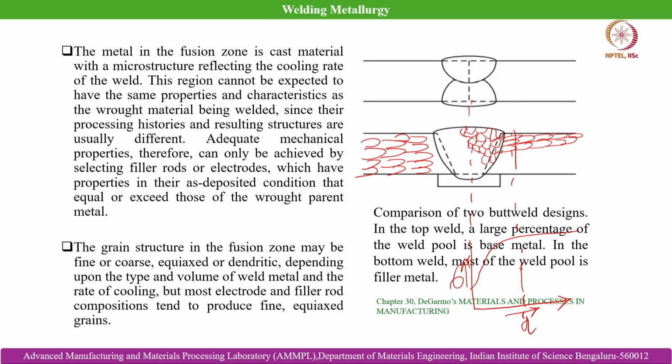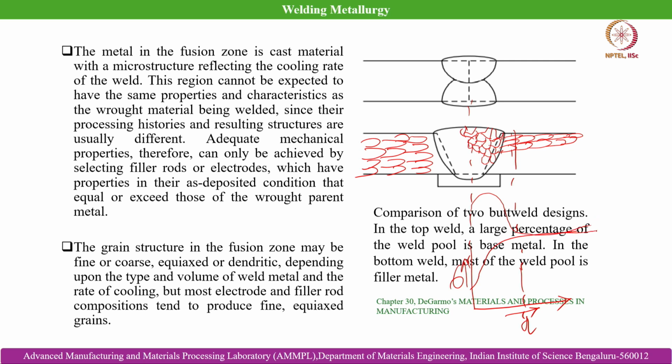In that case, based on the composition of the filler rod, it may happen that the strength at the joint is even higher than the parent metal which is getting joined. So, in that case the nature of the strength versus distance variation will be likewise.